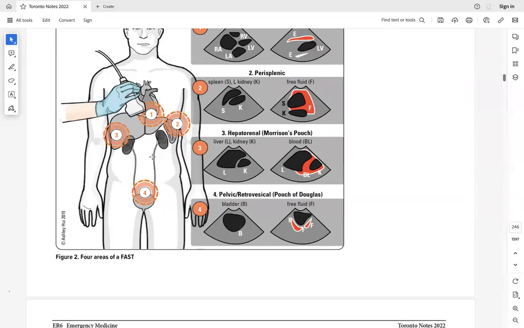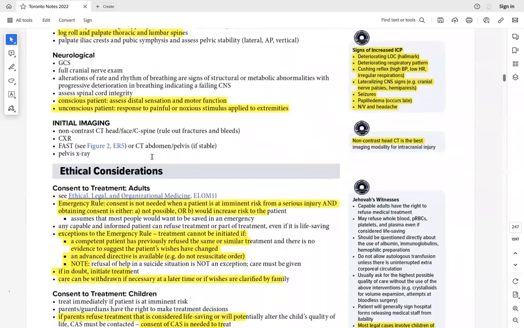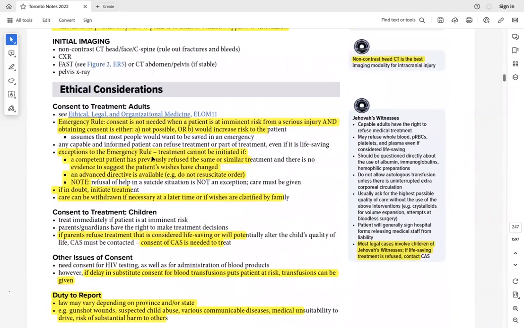If the patient is unstable, move on to laparotomy. If the patient is stable, then we have to do the CT scan. Then for the ethical consideration, this is an emergency patient, we don't need any consultation or consent, we just move on.